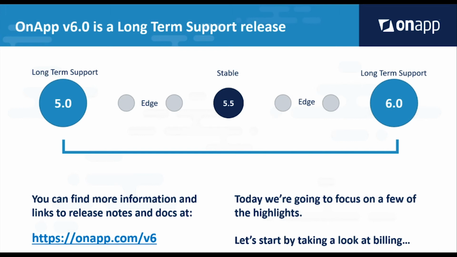We test these with customers and improve the new features until they're ready to be wrapped into the next stable or LTS. So the version 6 LTS we're talking about today is the result of 2 years of development since version 5. And it includes all of the edge release functionality that we've issued, tested, and improved since 5.5, which was around about a year ago.